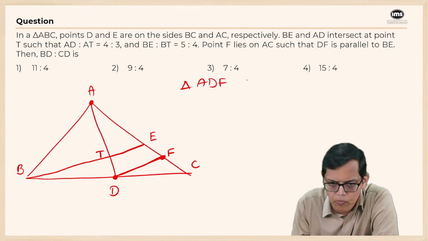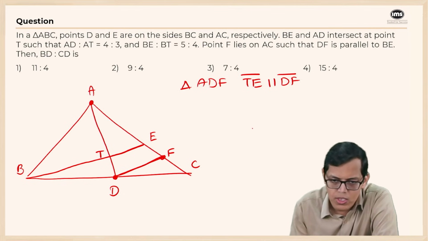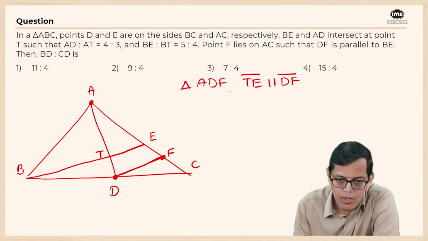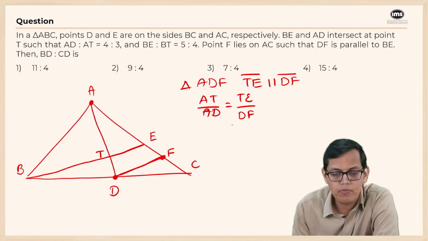In this triangle, line segment TE is parallel to line segment DF, thanks to which I can say AT by AD should be equal to TE by DF.